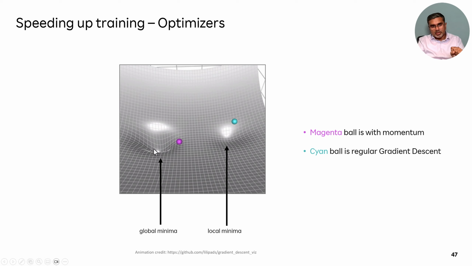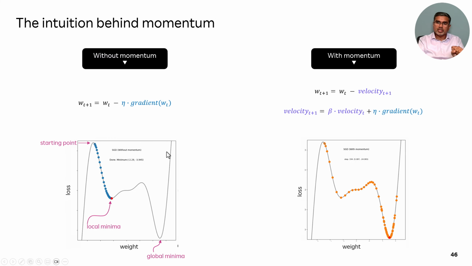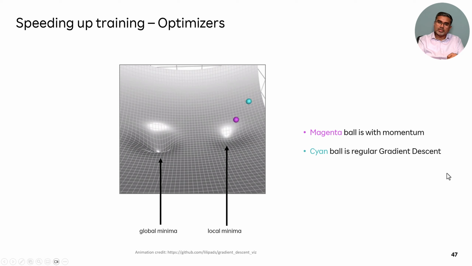But then again, it comes down. If you look at this picture here, the red ball goes down, it goes up, it goes down, it oscillates, and goes down. So obviously, you want to minimize this oscillation too. If you don't minimize oscillation, it will take a lot of time to converge into the global minima.